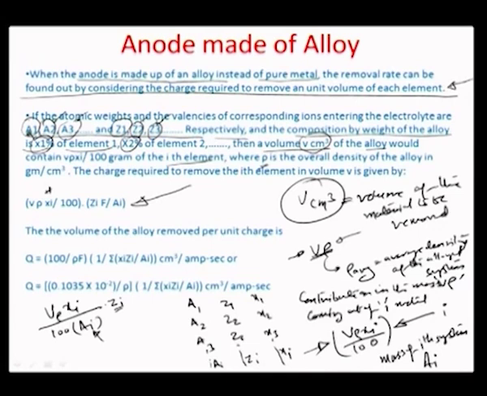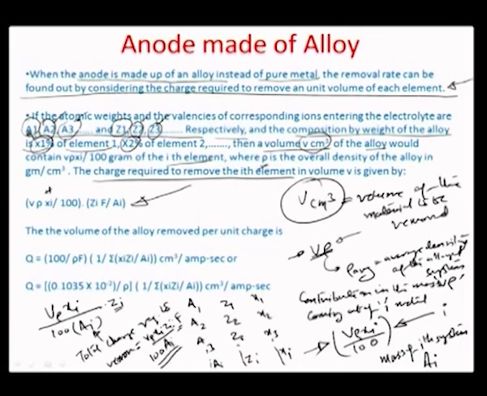So many electrons, or so many moles of electrons, would be needed to remove this charge. And so the total charge that is required to remove this material would be V rho xi Zi by 100 Ai times the total charge in 1 mole of electrons, that is F, 96,500 coulombs.